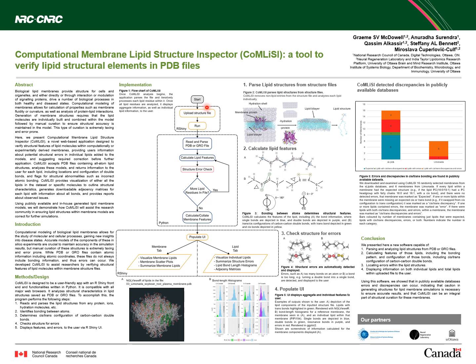So here in figure 1 is just an overall flowchart of how the program works. First, the user uploads a file, clicks run. The file will then be read and parsed through, just retaining the lipid molecules. It'll calculate the lipid features, check for errors, and then repeat that until all the lipid structures are finished, at which point it will then collate the membrane features, the membrane in this case being the file that is uploaded.